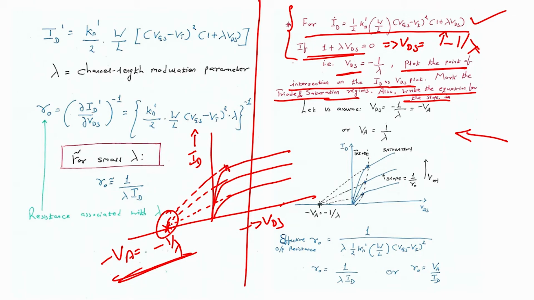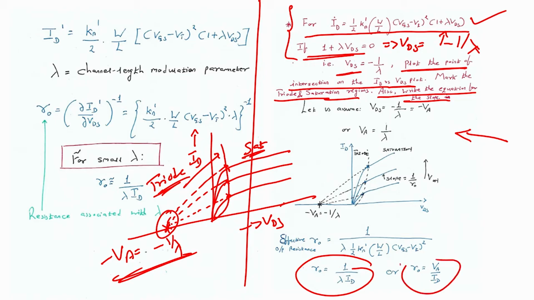Now, this region. I plot like this: anything which is here is my triode region, this is my saturation region, and my effective RO or output resistance is 1 by lambda ID, or I can also write it equals VA by ID, because VA and lambda are related like this.